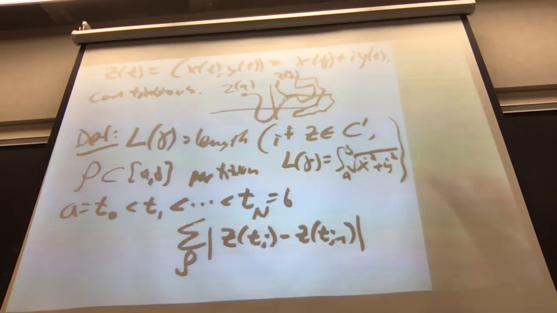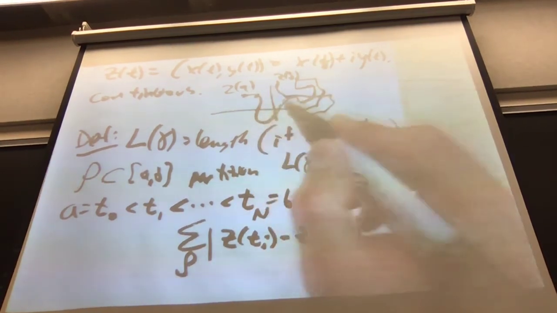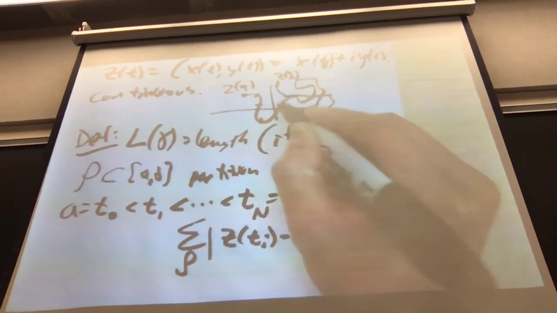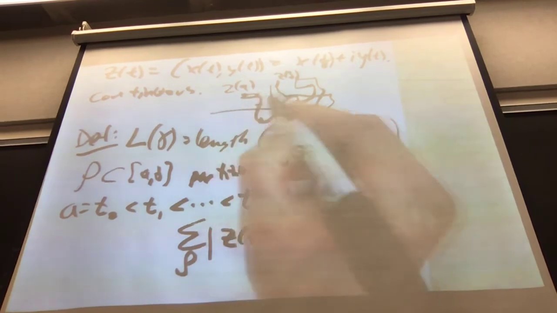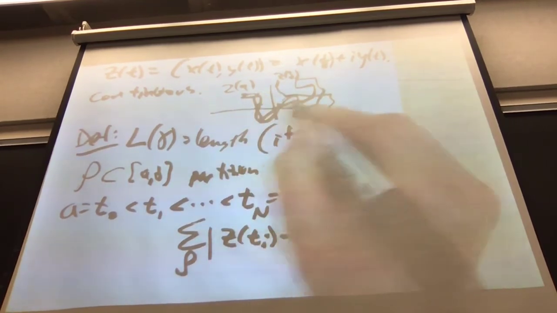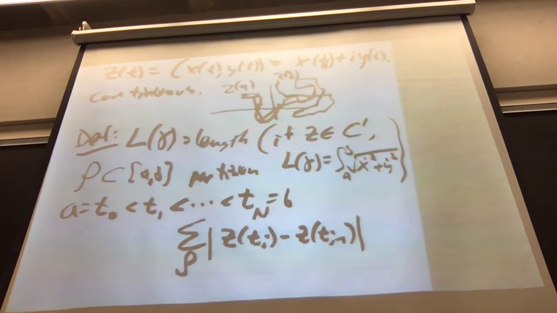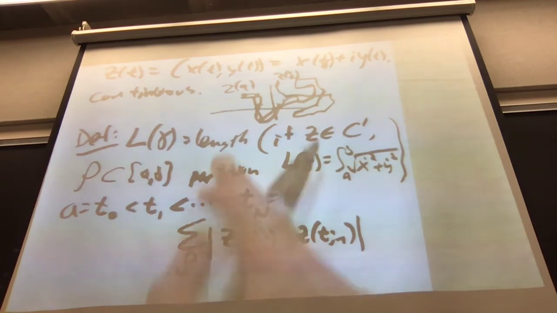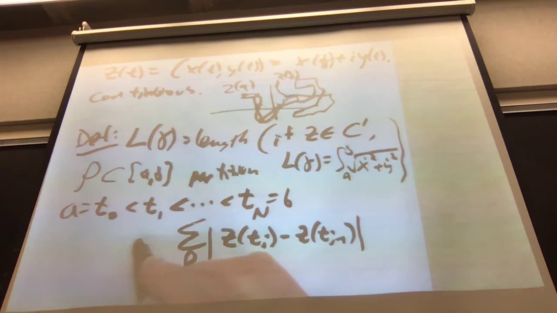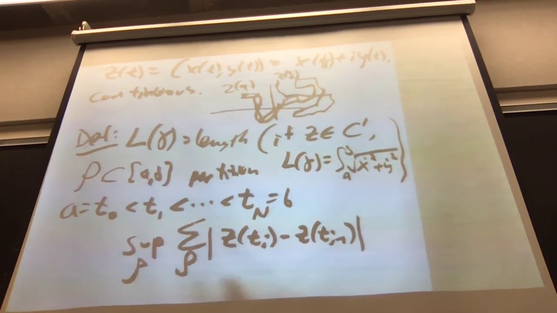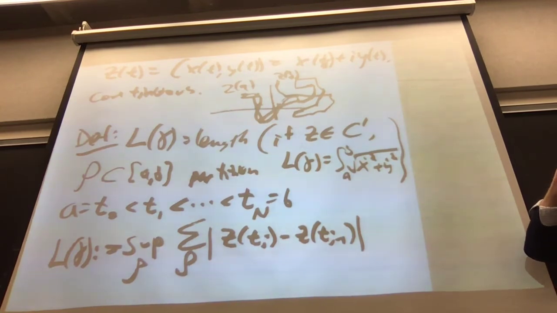Okay, so that sum: here's t1, and here's t2, and t3, and t4, and so on, and then you straighten the curve out into straight lines. And the length is the sup over all partitions of this thing, if it exists. So if it's infinite, that's when we say it's not rectifiable? That's right.